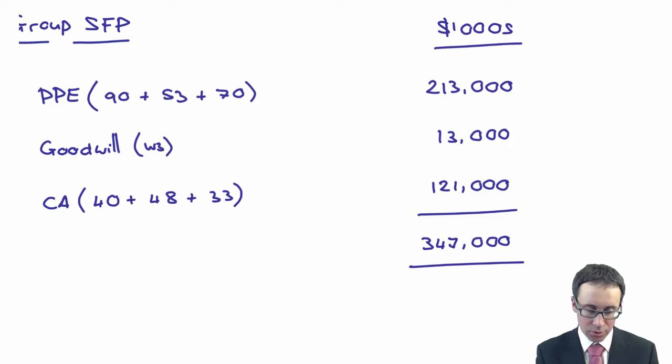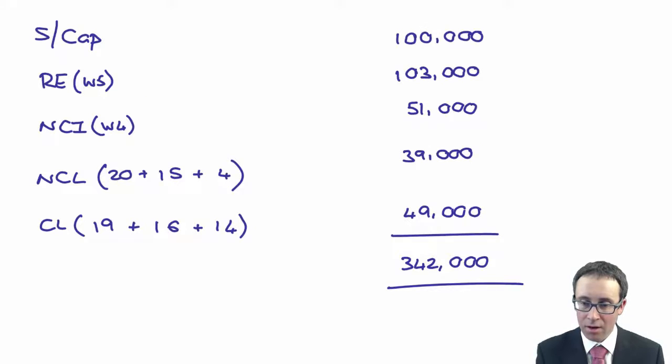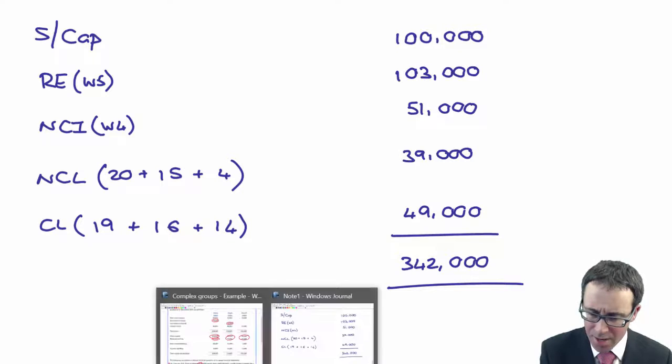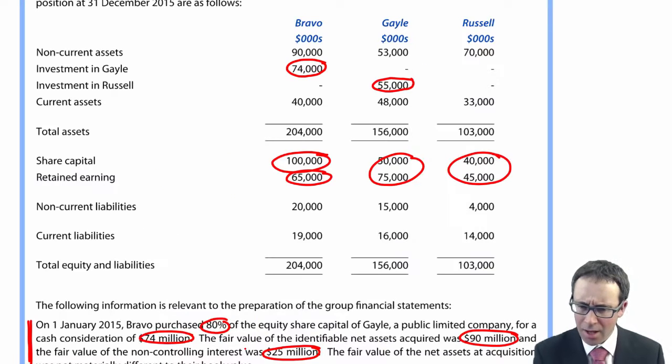213 plus 13 plus 121 gives me 347. 100 plus 103 plus 51 plus 39 plus 49 gives me 342. So where's the mistake that we've made with the 5 million from somewhere? Okay, let's have a look.